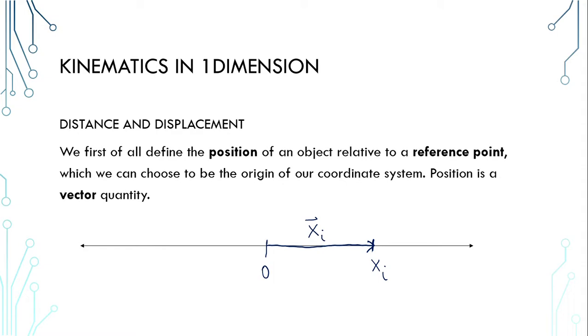Notice the difference between the two. Xi here is not a vector, it's the coordinate of the position of the object at this point. Xi with an arrow on top represents the vector that describes the distance of the object from the origin. Those two things are related, but they're not the same thing.